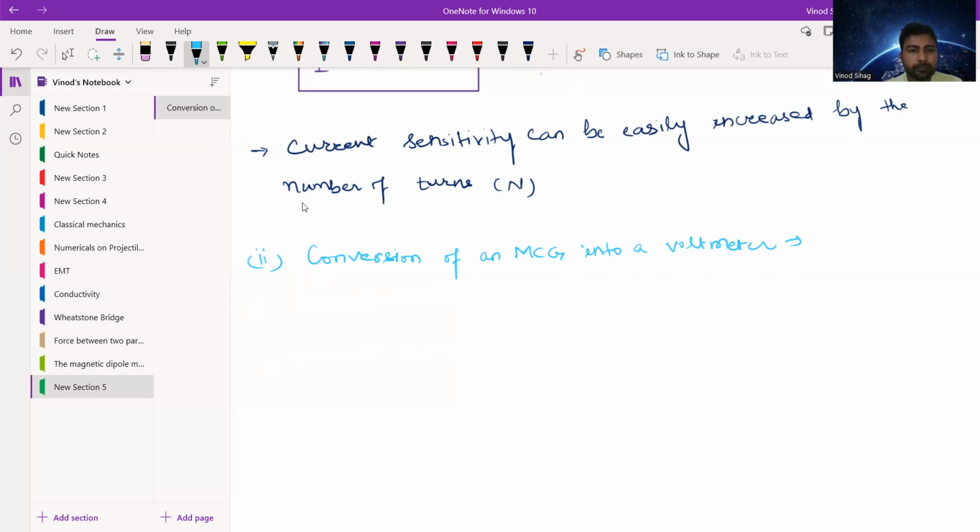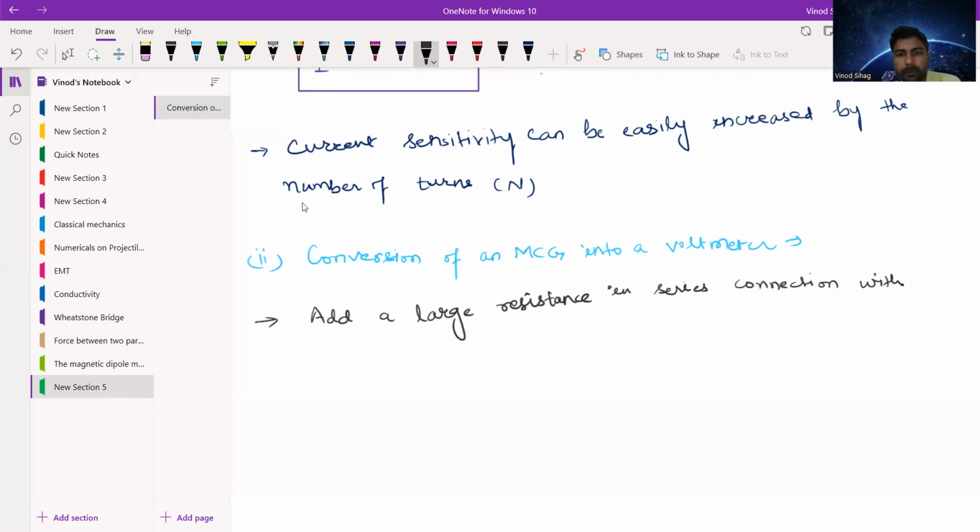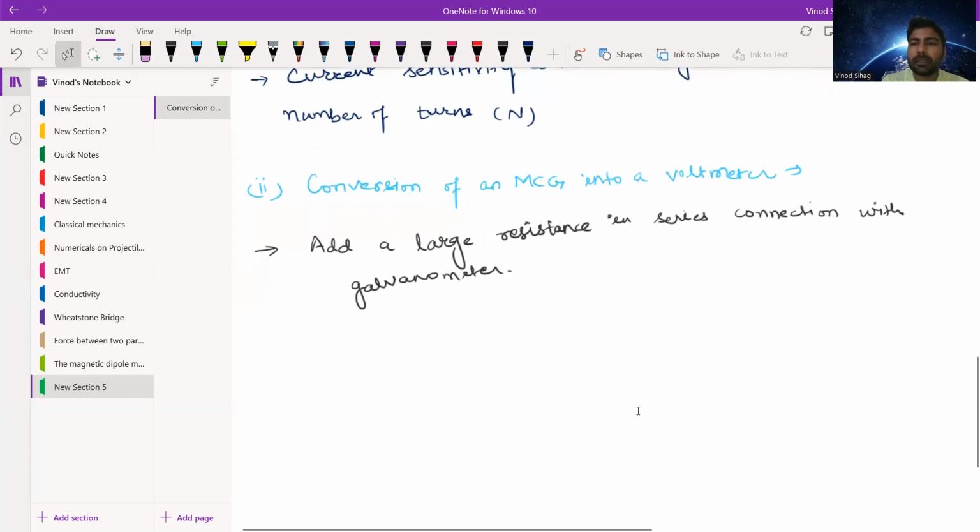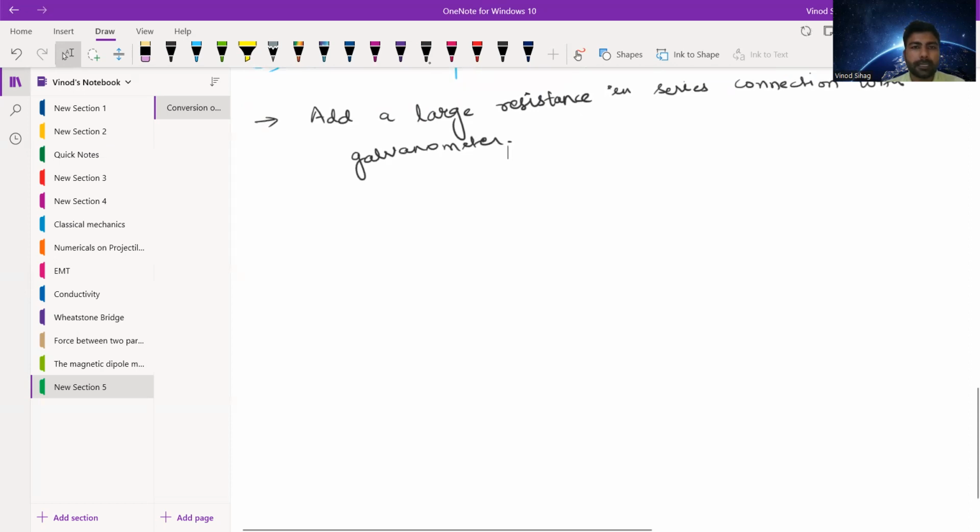So add a large resistance in series connection with the galvanometer, then only we will get the voltmeter. So let's connect that.